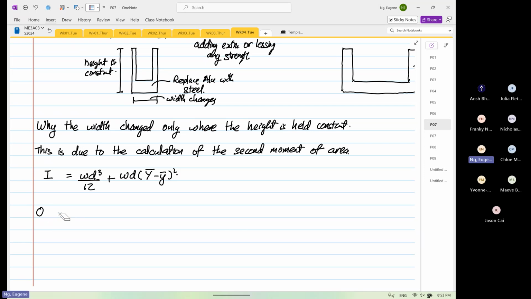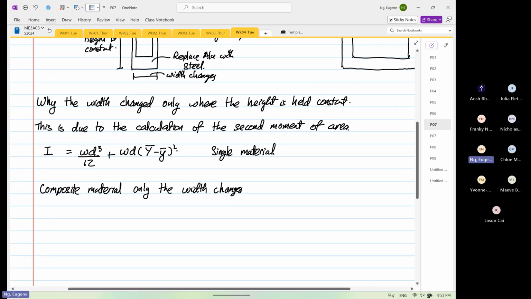So this is for homogeneous material or single material. Okay. For composite material, only the what? Width changes.